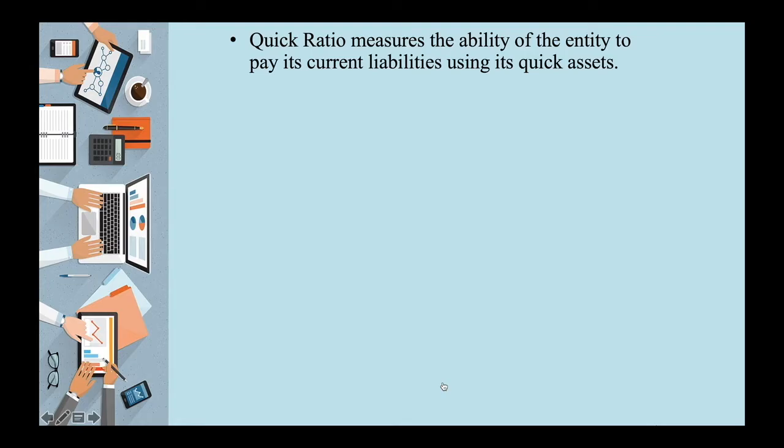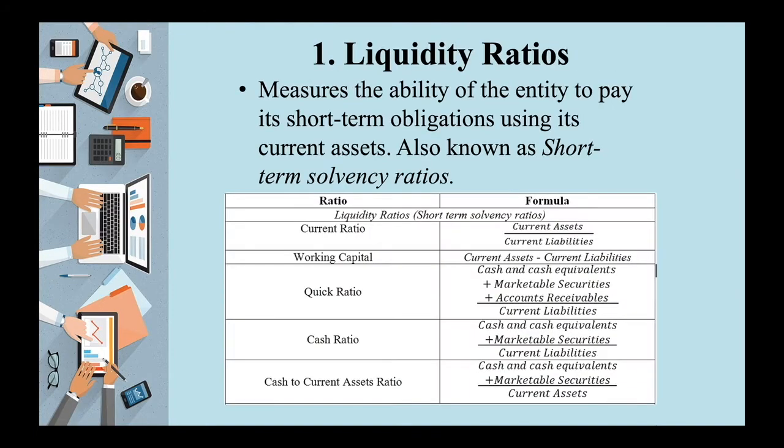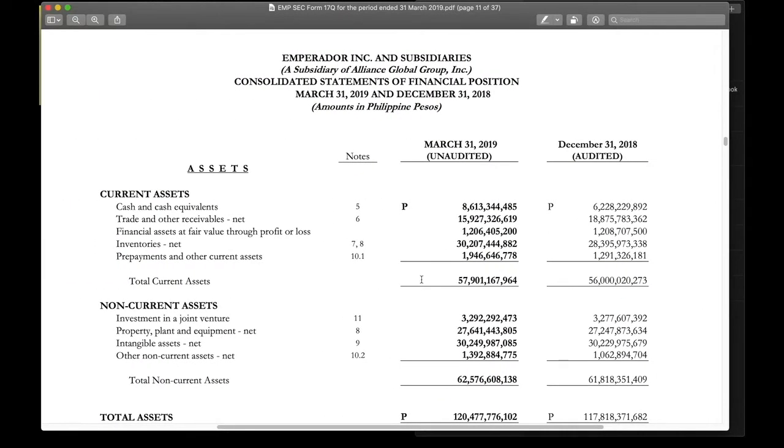Next, we have the quick ratio. When we say quick ratio, measures the ability of the entity to pay its current liabilities using its quick assets. Guys, when we say quick assets, this is just the cash and cash equivalents, marketable securities, and accounts receivable. Nasaan po yun dito?